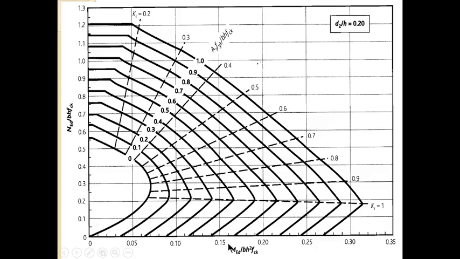In the horizontal axis, our MED over BH squared FCK gave us 0.222. From the way this is calibrated, this is 0.2, this is 0.21, this is 0.222. So 0.22 should be about this place. We now produce the line vertically to meet 0.5. So this is where we have a point.